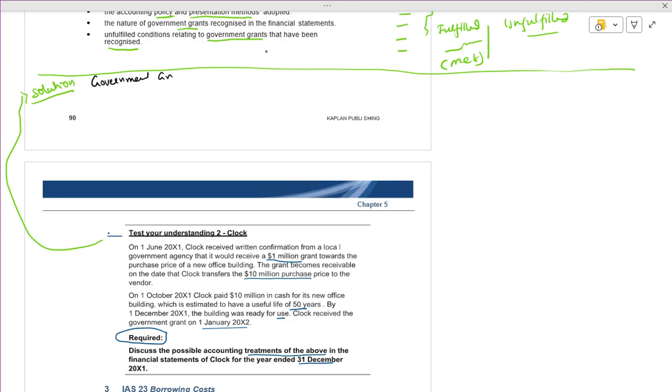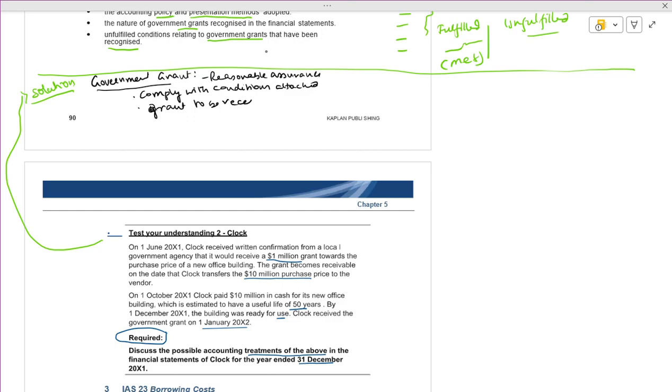It should be recognized when there is a reasonable assurance that the entity will comply with the conditions attached, and that the grant is going to be received.